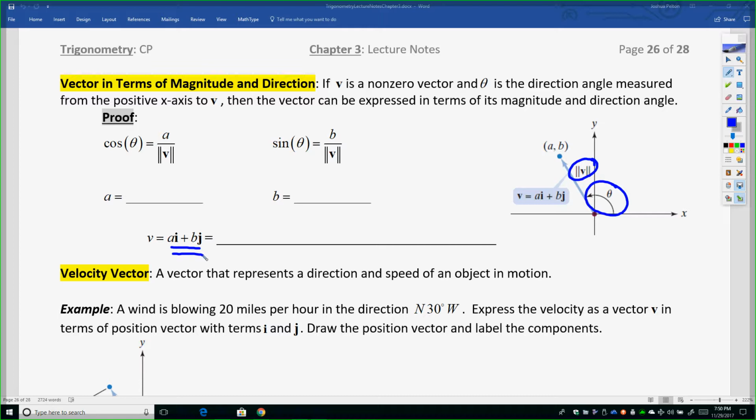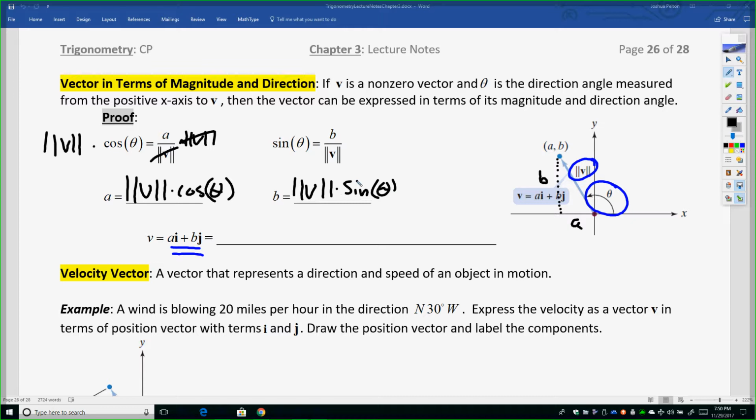So if you drew the triangle here, where there is your A side and there is your B side, and I did my sine and cosine values, I would get these over here. If I multiply by the magnitude on both sides, that would cancel over here. So A would become the magnitude times the cosine, and over here B would be the magnitude times the sine.